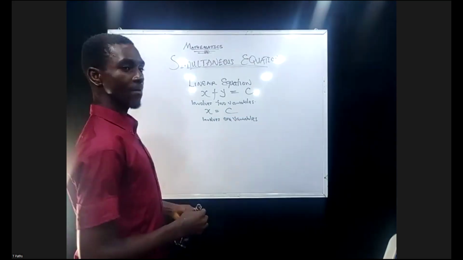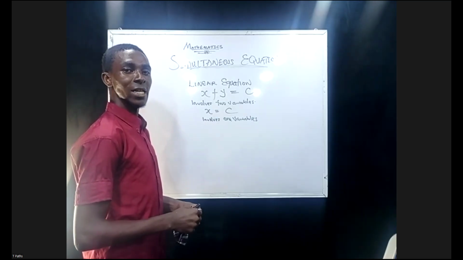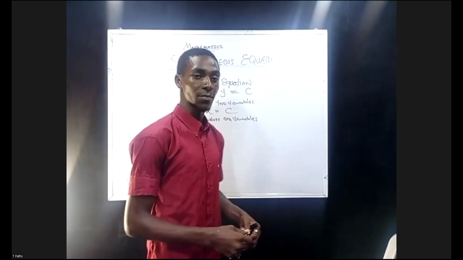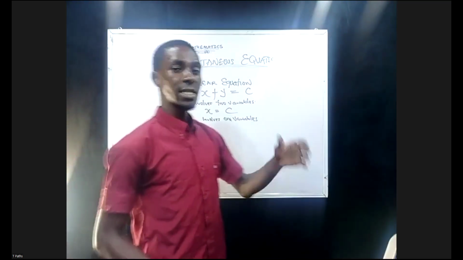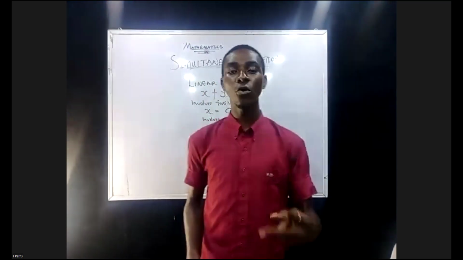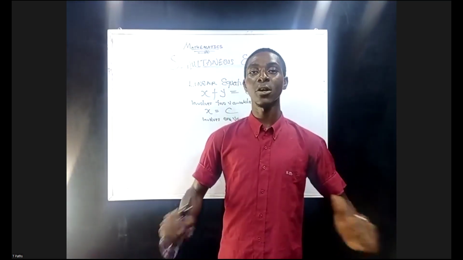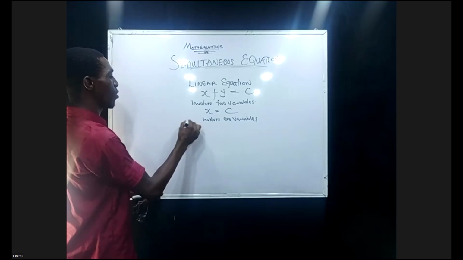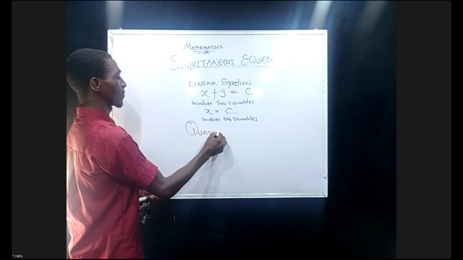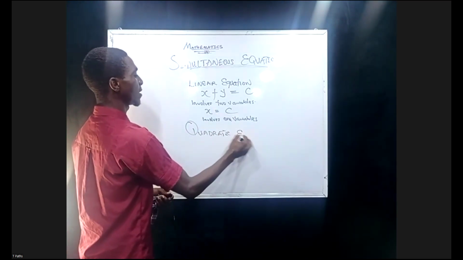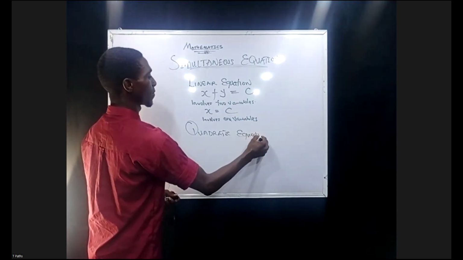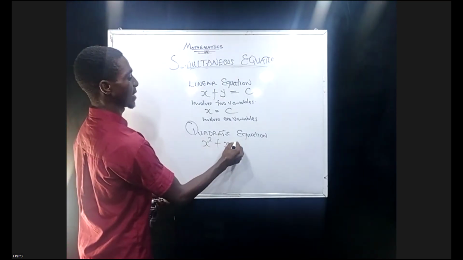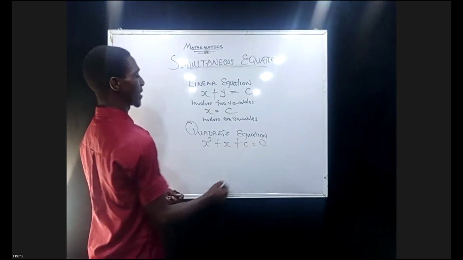Also, we have another type of equation which we use to express our simultaneous equation. It is called a quadratic equation. Now, a quadratic equation helps us look for two unknown values that make that expression defined. Examples of a quadratic equation: we have x squared plus x, then plus a constant equals 0.